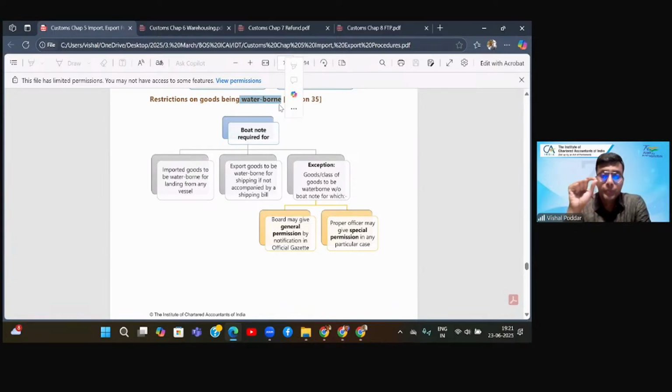To avoid this, Section 35 says that wherever the goods have to be carried in these smaller boats or through water, you need to first take permission from the customs. For this, you have those boat note regulations. Only as per the customs instructions will you do this activity. Otherwise, you will not do it.